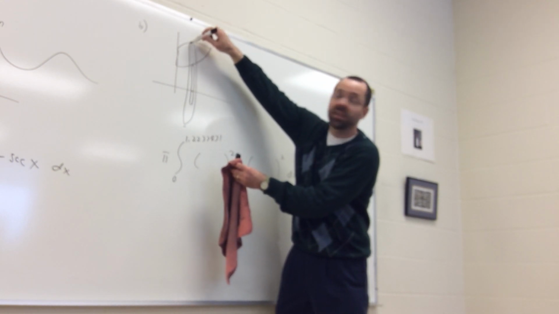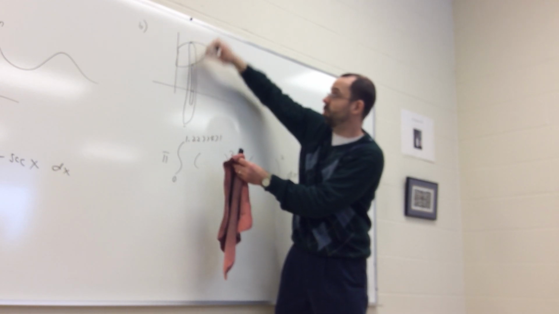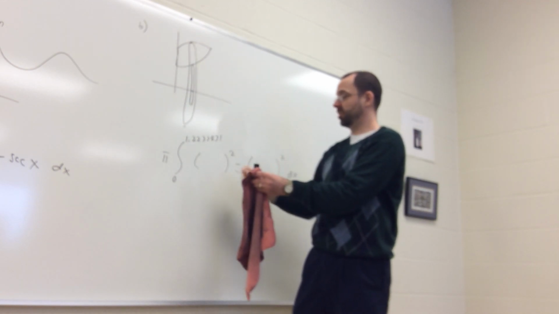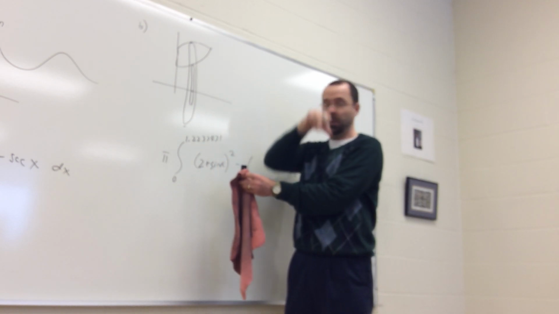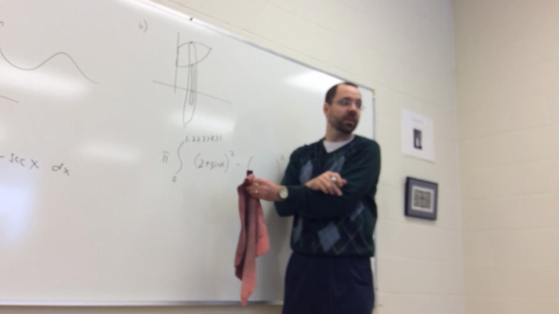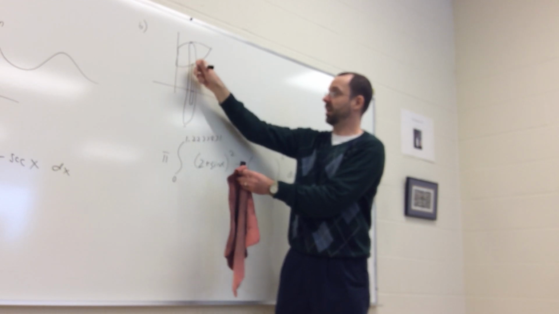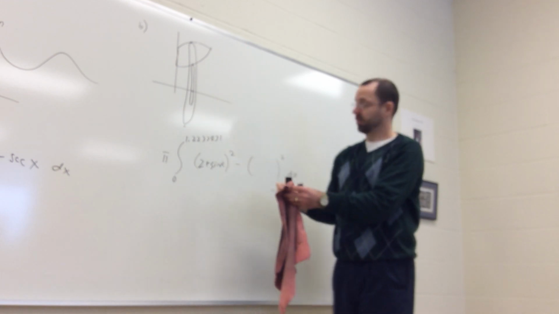If that point right there is x comma y, that big radius is just the y of that point, so that's 2 plus sine of x. And same thing with this point, x comma y, so that small radius is the y value on the secant.